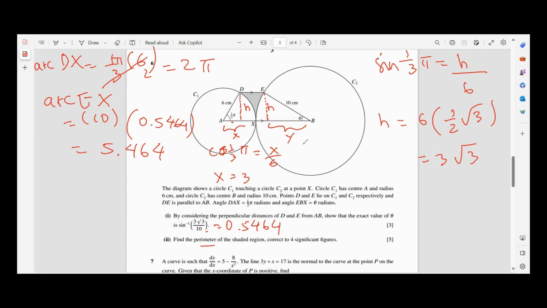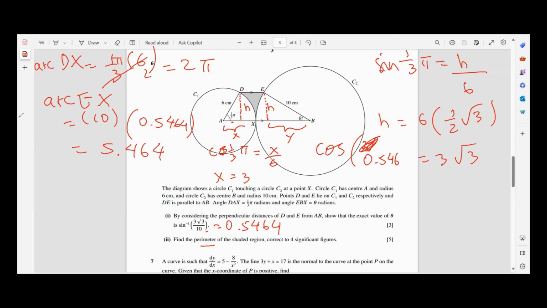And then after that, we can find the y. So we also use cos.